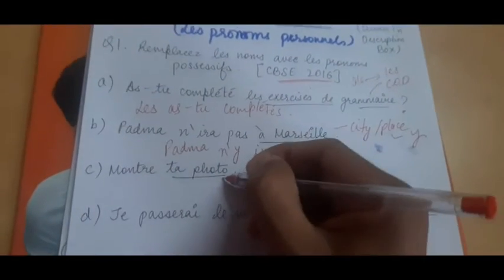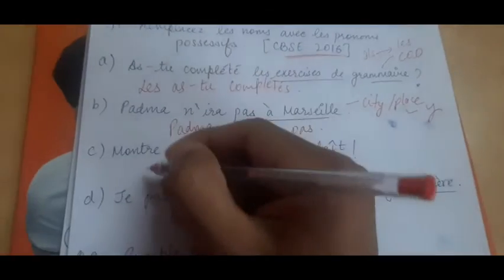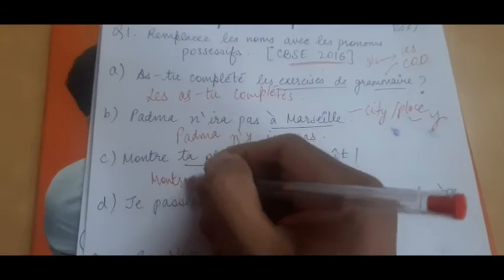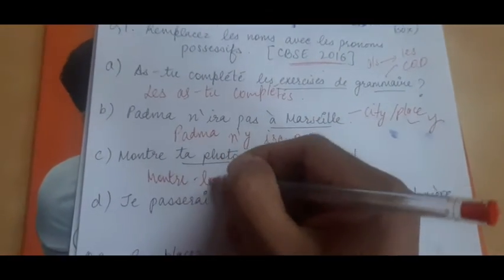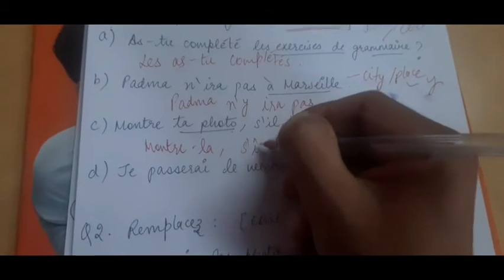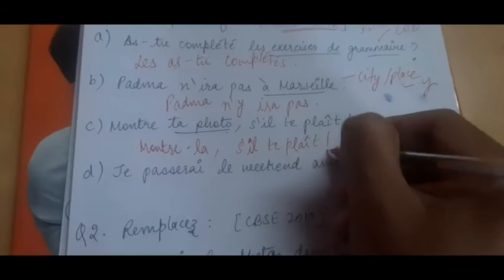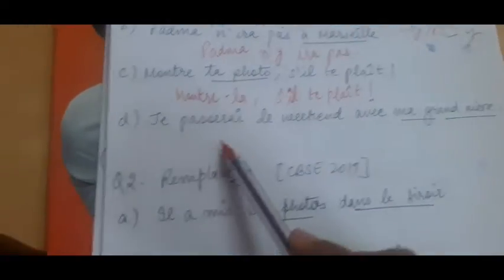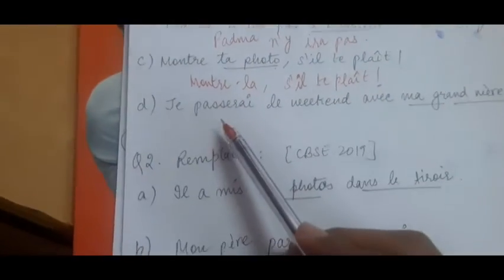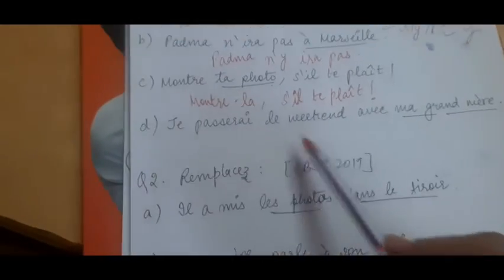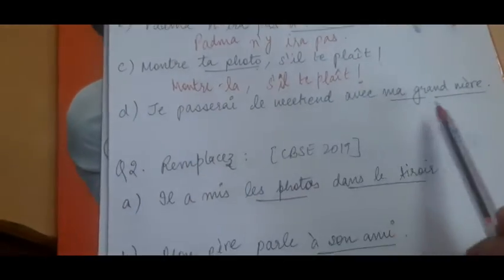C. Montre ta photo, s'il te plaît. So ta photo is la, which means we'll be using la. So montre-la, s'il te plaît. Okay. Last. Je passerai le weekend avec ma grand-mère. I will be spending the weekend with my grandmother.